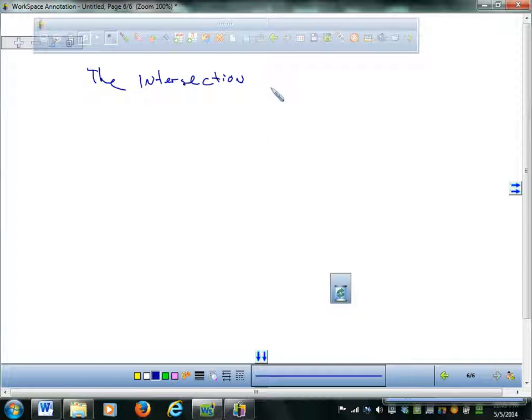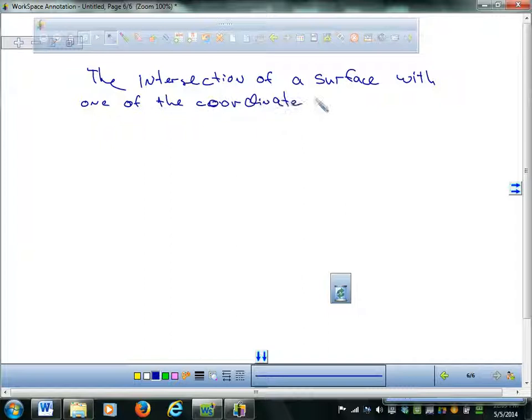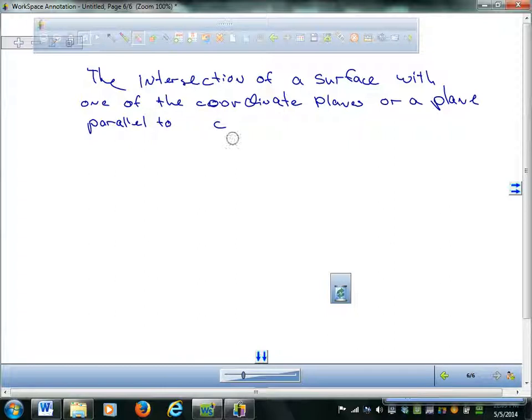The intersection of a surface with one of the coordinate planes, or for a plane parallel to a coordinate plane.